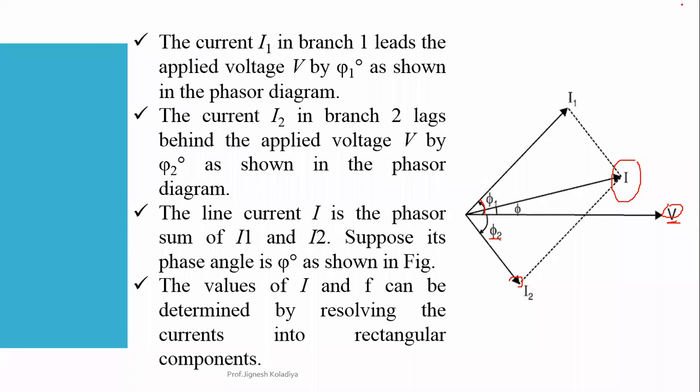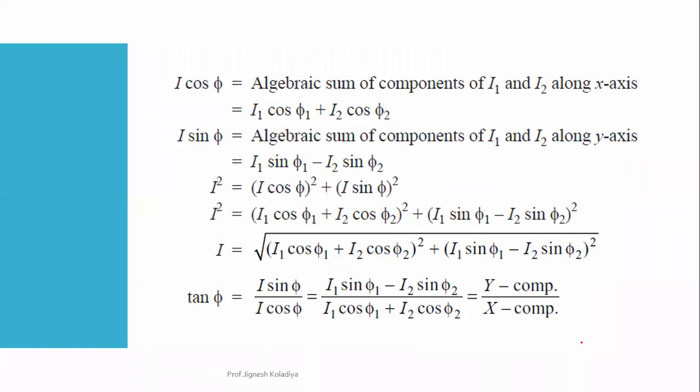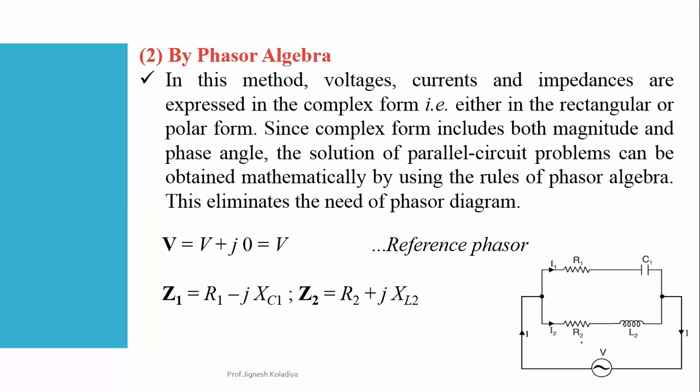Okay, so we will stop up to this portion. It is still not completed. Next time I will discuss the mathematical part, and then we will start our second, third and fourth methods.